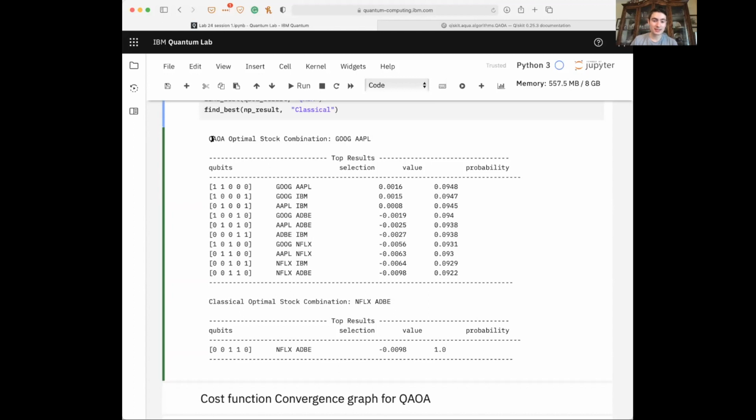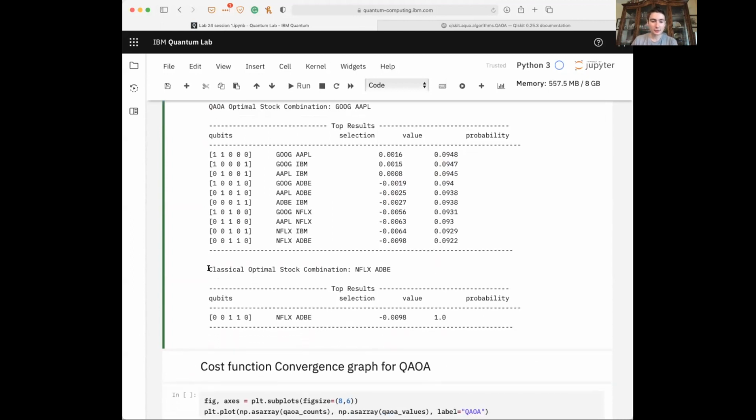So this might be an instance of QAOA just not finding the correct answer necessarily. There is some inherent randomness involved here. So if you ran this multiple times, you would probably see that these probabilities would change a little bit. The values would stay the same, but the probabilities might change a little bit. That's totally normal.